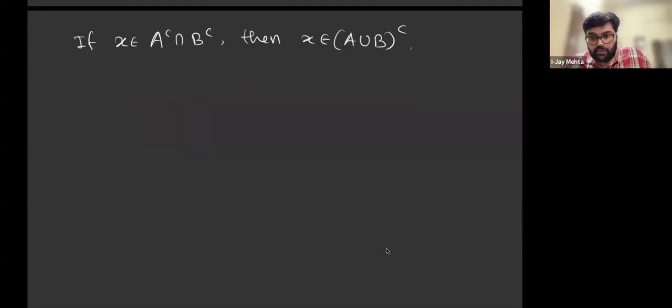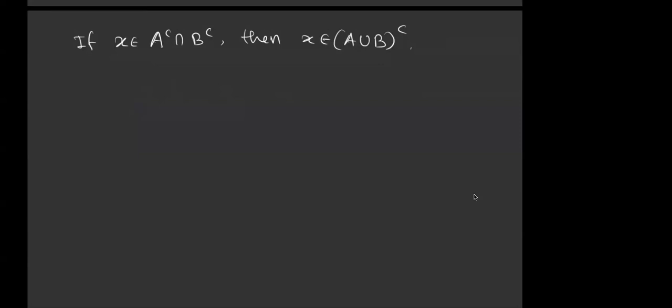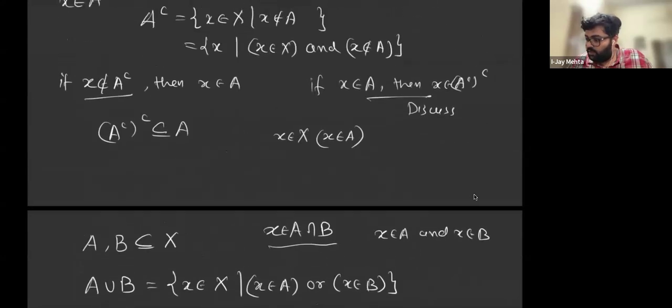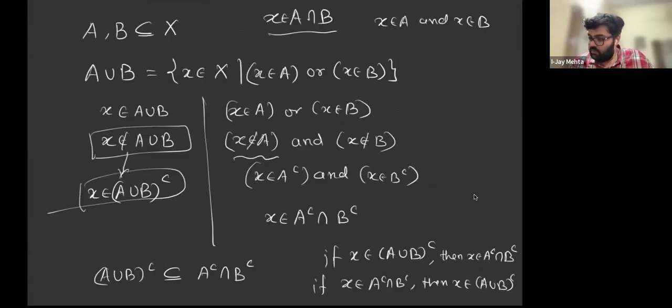Can it be in the union? It is not in A and it is not in B. Can it be in the union? No, right? Why? Because we have seen, you are not revising. I've written union, right? See this.